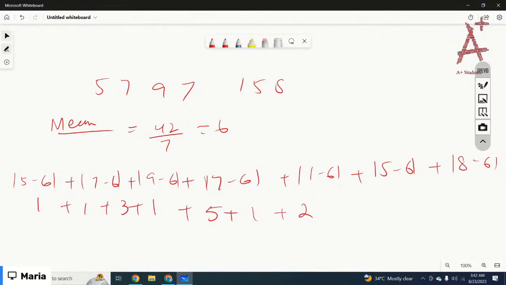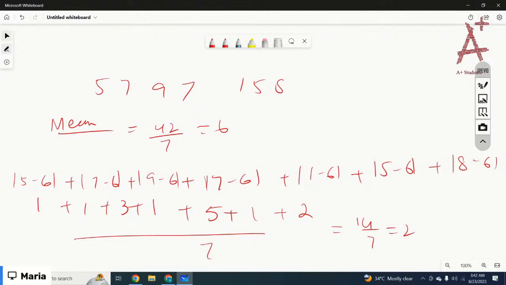Just add them, right? 1 plus 1 plus 3 plus 1 plus 5 plus 1 plus 2, and divide them by 7. 14 over 7, that would be 2. So the correct option is 2.